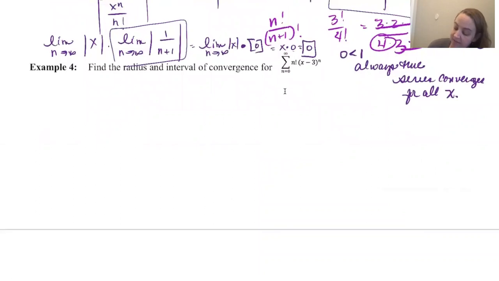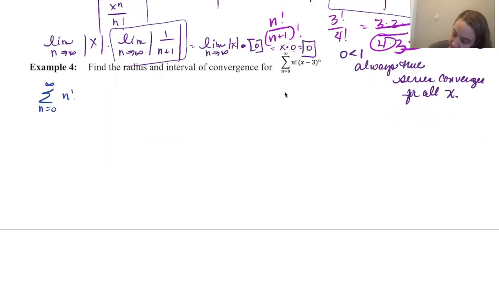All right, last one here. Example 4, find the radius and interval of convergence for the following series. So this is going to put it all together for us. First things first, use your ratio test. The sum from n equals 0 to infinity.